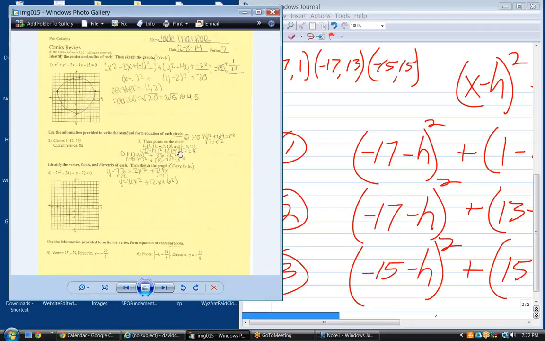No, you put plus 7 instead of k. So what's written down here is not correct. Minus 17 minus h squared is correct, but then it should be plus 1 minus k squared equals r squared. I don't know where you got the 7 from. I'll just erase all that.